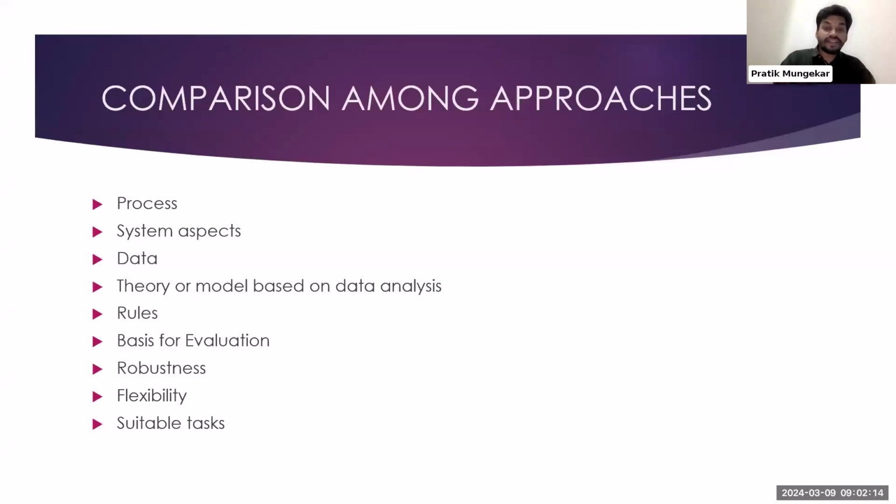Then robustness. Symbolic systems may be fragile when presented with unusual or noisy input. To deal with anomalies, they can anticipate them by making the grammar more general to accommodate them.